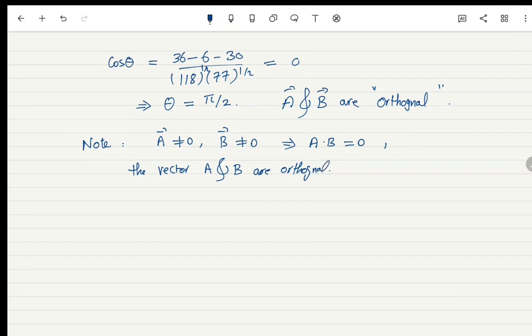Now let's move to the other part of vector product, which is the cross product or vector product.